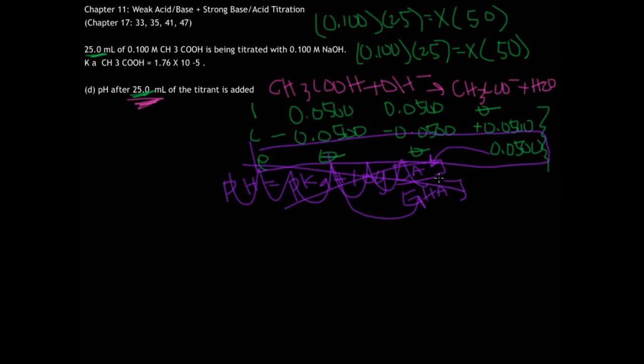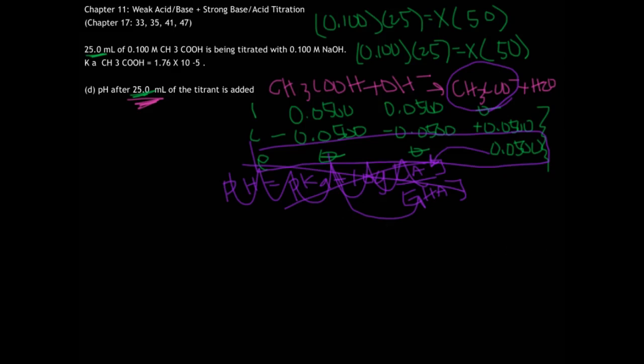You cannot use Henderson-Hasselbalch. So here's something special about the equivalence point for weak-strong titrations. The pH is based on the salt that is there, okay? And the salt is this guy, because all that is in there is salt and water. Now, when this was strong, we said pH was 7. But because this is a weak-strong, it's not that simple. This is going to be called hydrolysis of the salt.